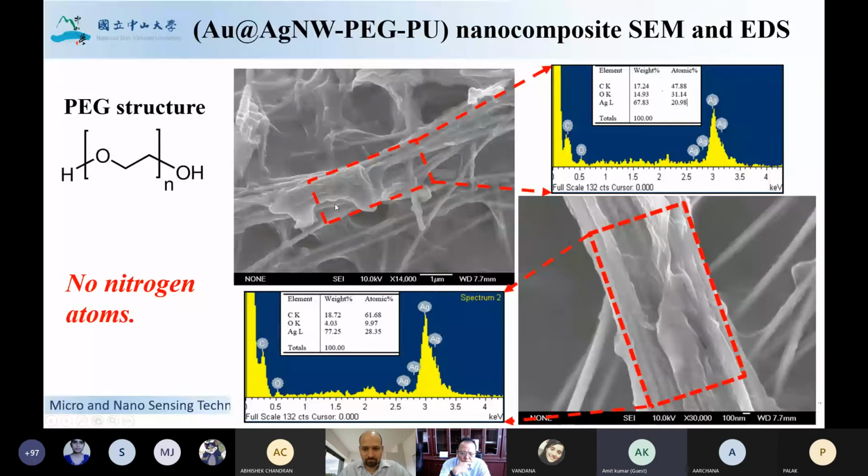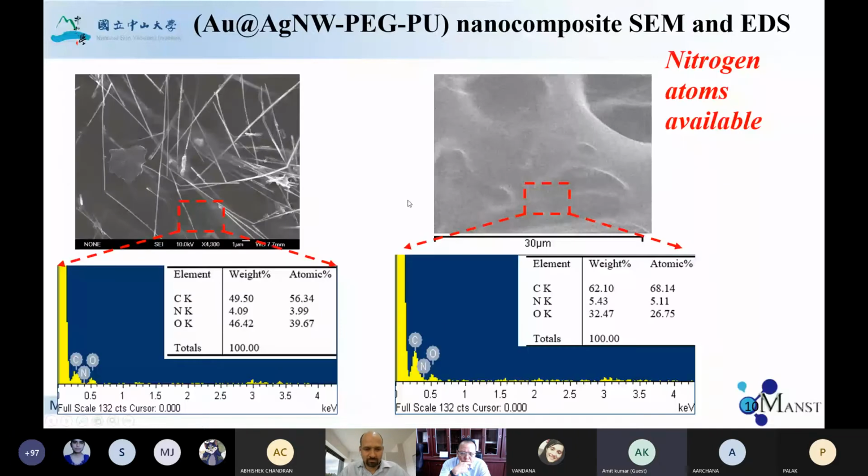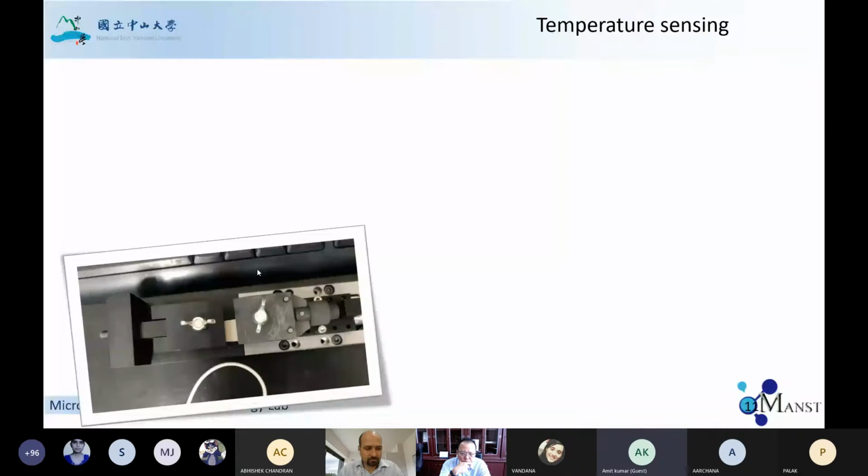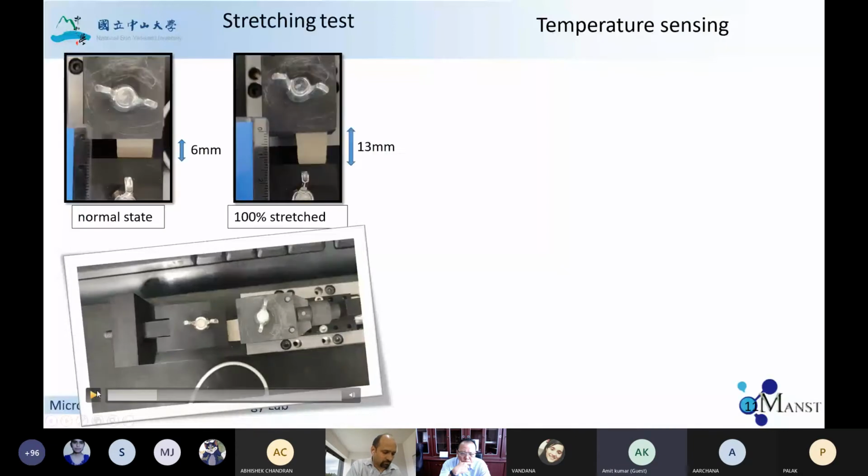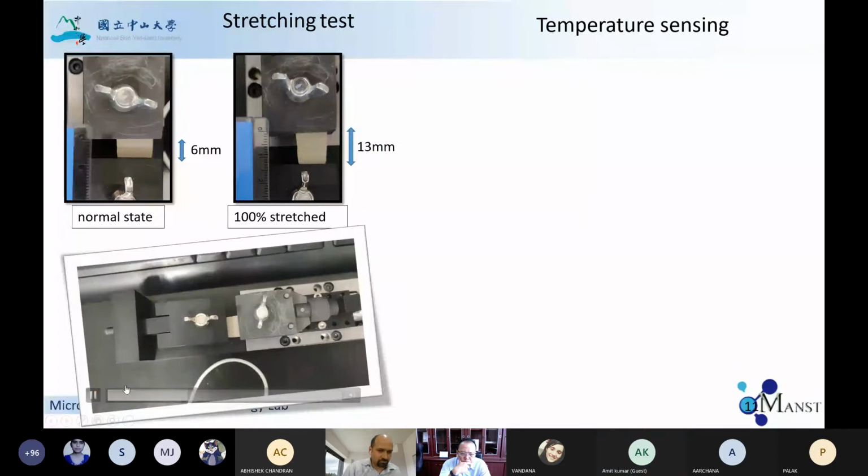And after that, I do the EDS on a big area, and I found that N atoms were available. N atoms here show the presence of PU, which is the structural polymer in my nanocomposite, and the PEG shows the change in temperature. After that, I made the sensor, and you can see in this video the sensor was stretchable.